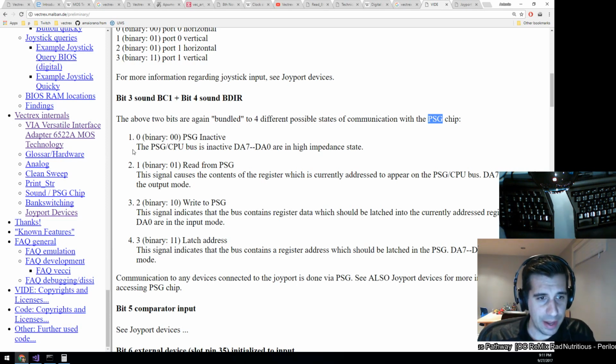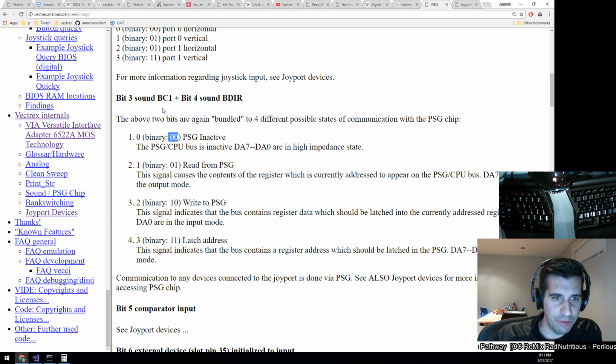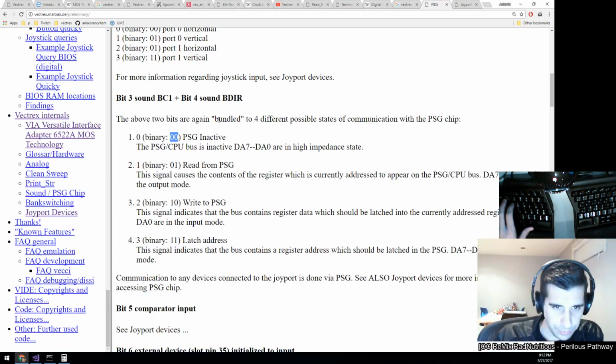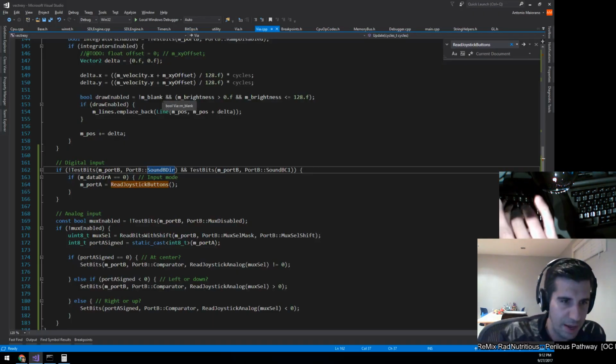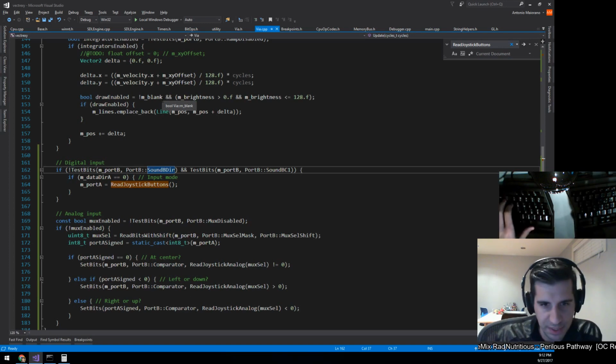And so he talks here about the 4 values, like if you consider these 2 as a selection mask again, you have 0 0, 0 1, 1 0 and 1 1, and he says what each of these modes represent. And in our case, let's see here, bit 3. Actually it's flipped the other way around, where I have BDIR first and BC1 second.